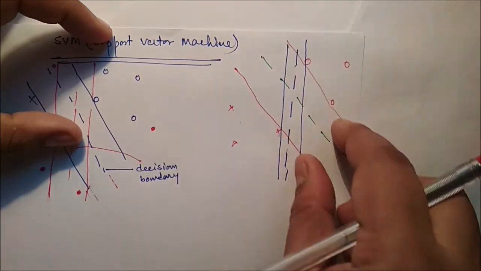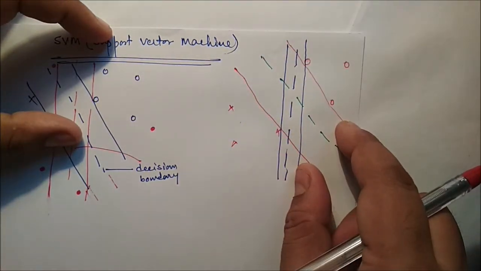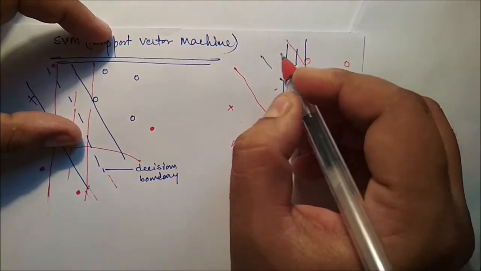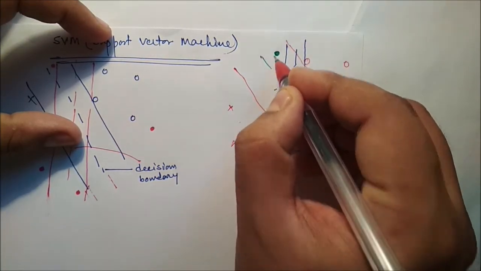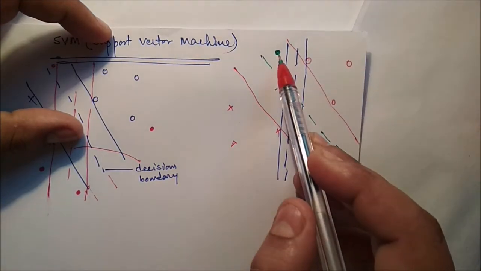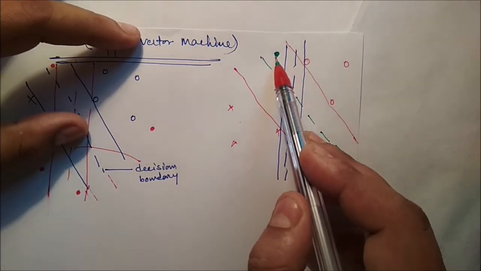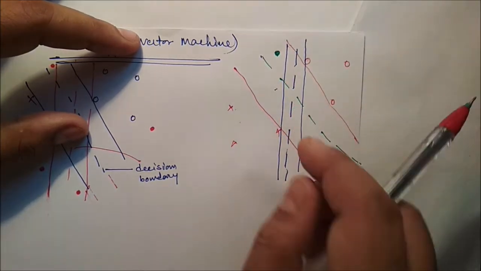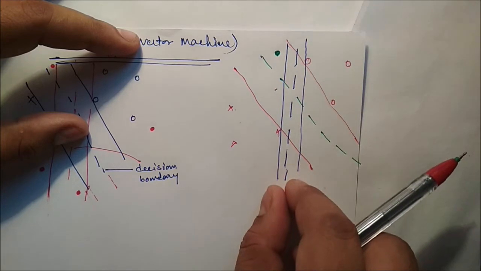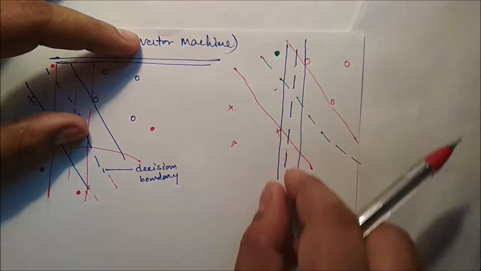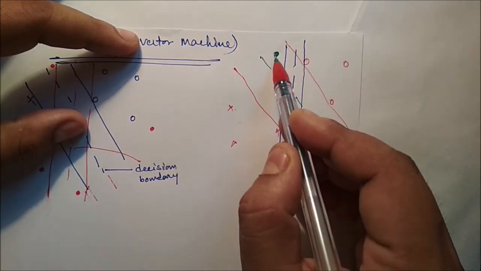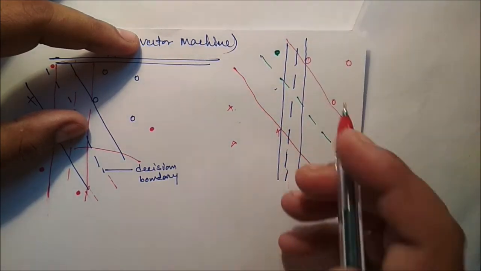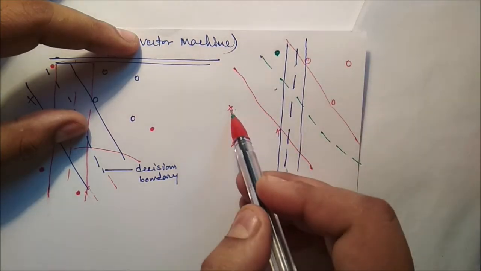Now assume this is our decision boundary, and one data point is somewhere here. We want to know its class label. Two classes are there, the circle class and the cross class. If this is the hyperplane, then this data point is on the left side of the hyperplane, so we can say it should be a cross.